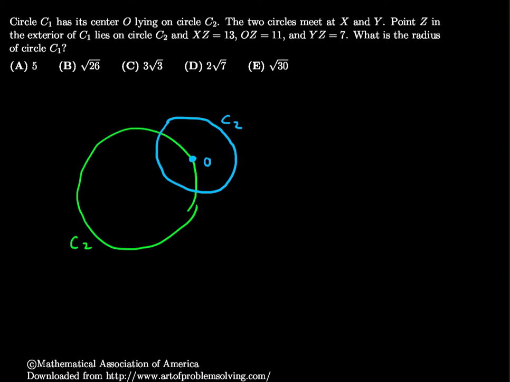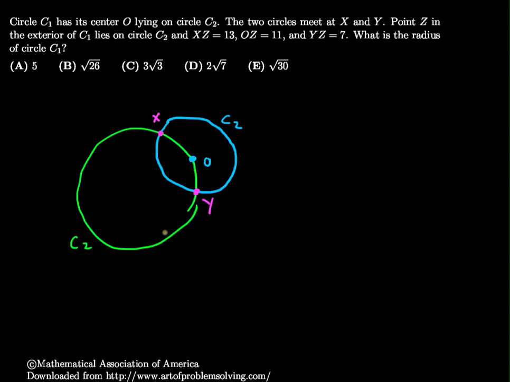All right, so now we have two circles that meet at point X and point Y. I look at this and YZ is the shortest, OZ is the next shortest, XZ is the longest, so I'm going to put Z over here.